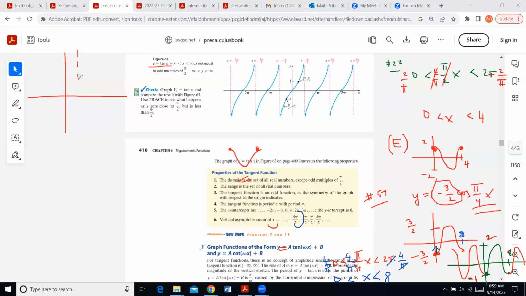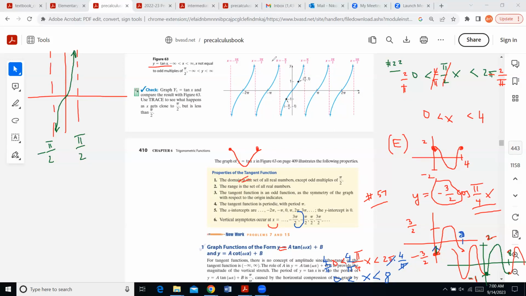So the tangent function is also produced by taking a so-called main piece, and this main piece happens to be in between negative and positive pi over 2, and it actually has a pair of vertical asymptotes, and that's what they show us here.